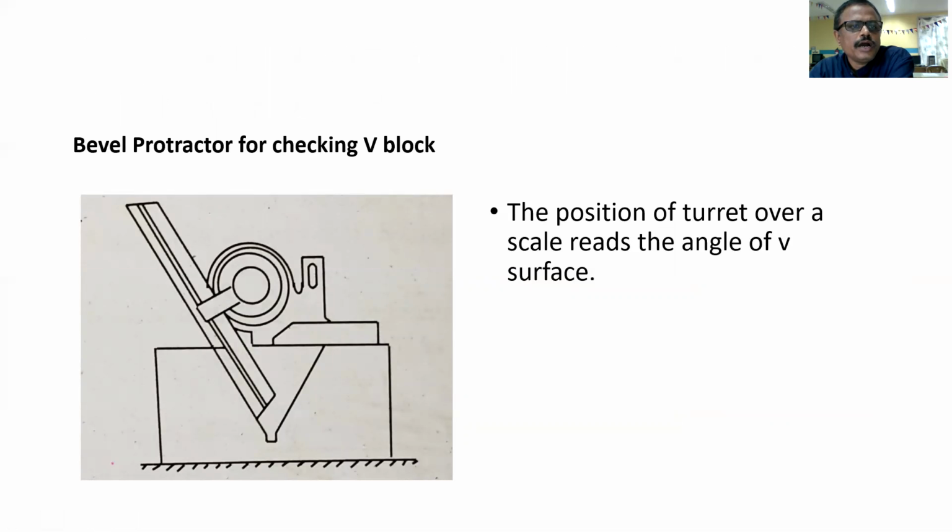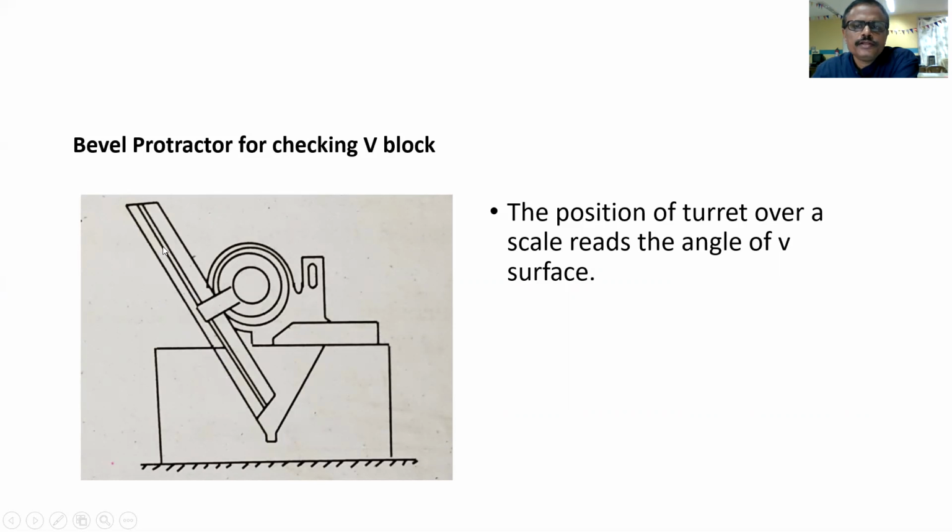Then how can the bevel protractor be used? In this diagram, we are seeing the use of the bevel protractor for checking the V block. The V block can be checked like this. This is the V block.